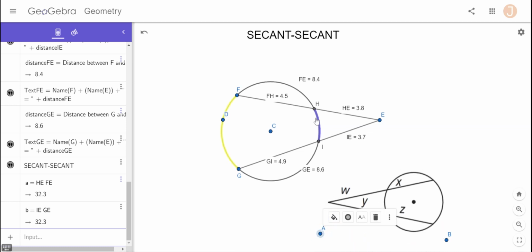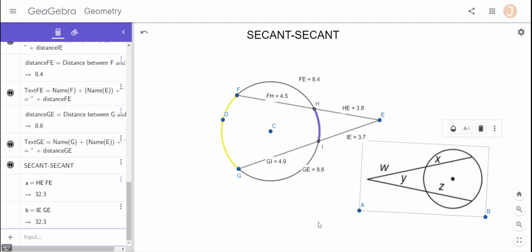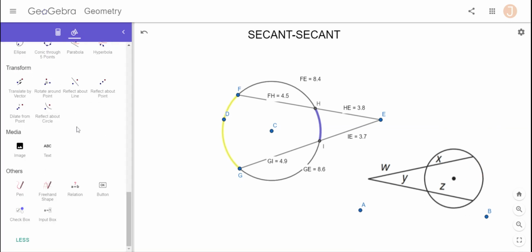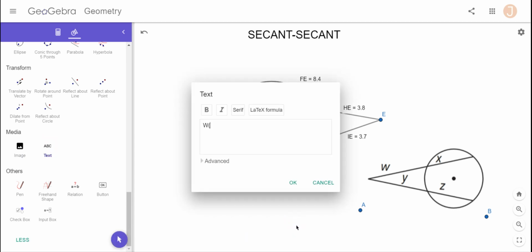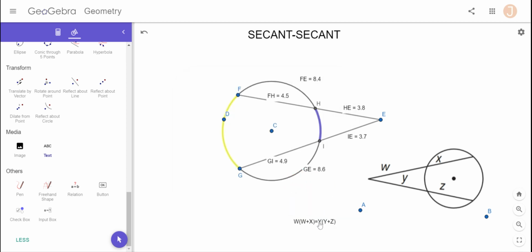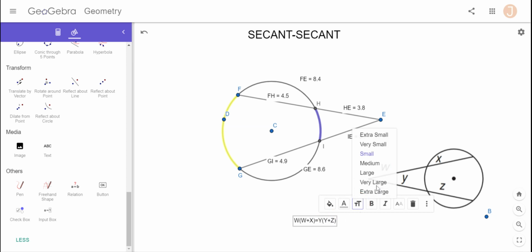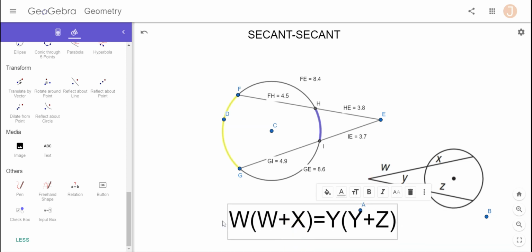Or, in other words, if we look at the diagram that was given to us, we would have, let me get a text box here, we would have that W times W plus X would be equal to Y times Y plus Z. And so if we are looking at the diagram that was given to us on our worksheet, this is our conclusion that we should come up with for those segment lengths in a secant-secant angle.